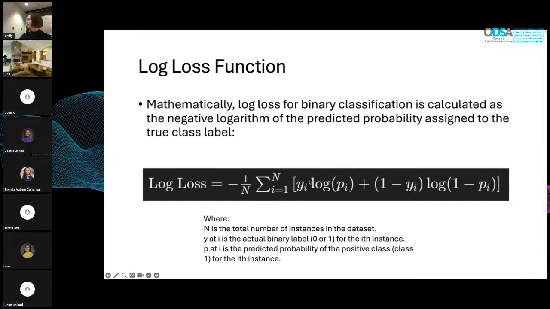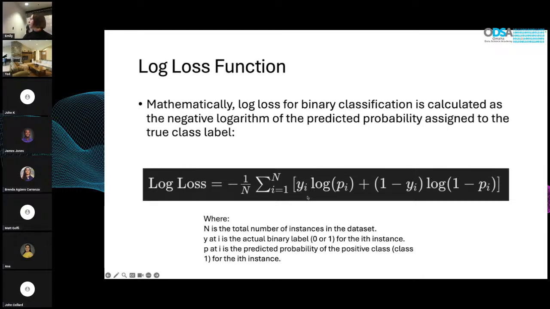But what we're doing for each instance inside of these square brackets is what we're actually running for each instance. So for every single row, you're going to have to calculate this, add it together, and then divide by n. What are these?